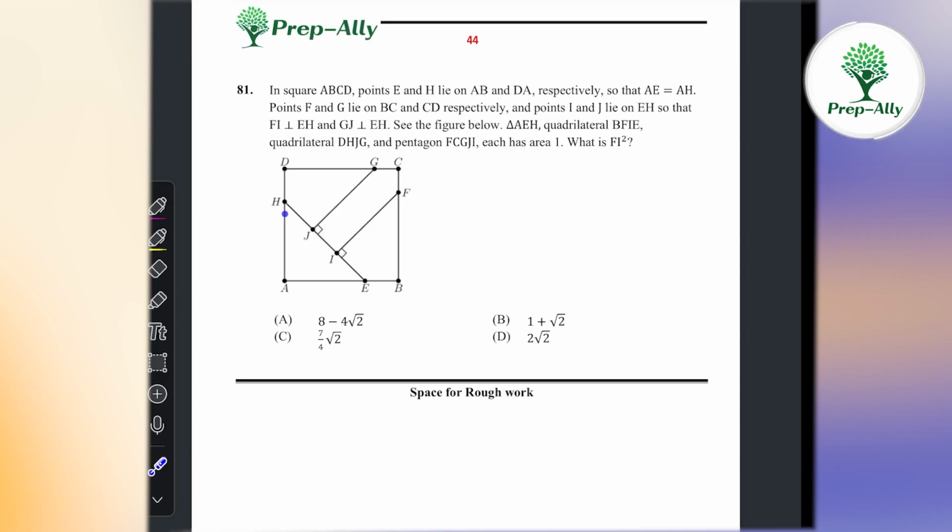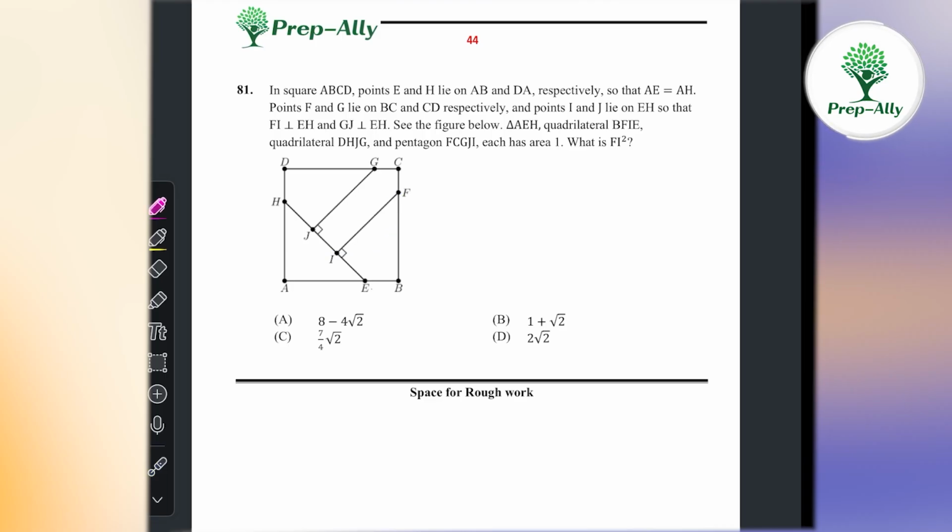Now if you notice, these angles are 45, these angles are 45, and these angles are 90, these angles are 135, and this diagram is symmetric, right? Now what are we being asked? We're being told that all these areas are also equal to 1, and we're asked what is this length squared, right?